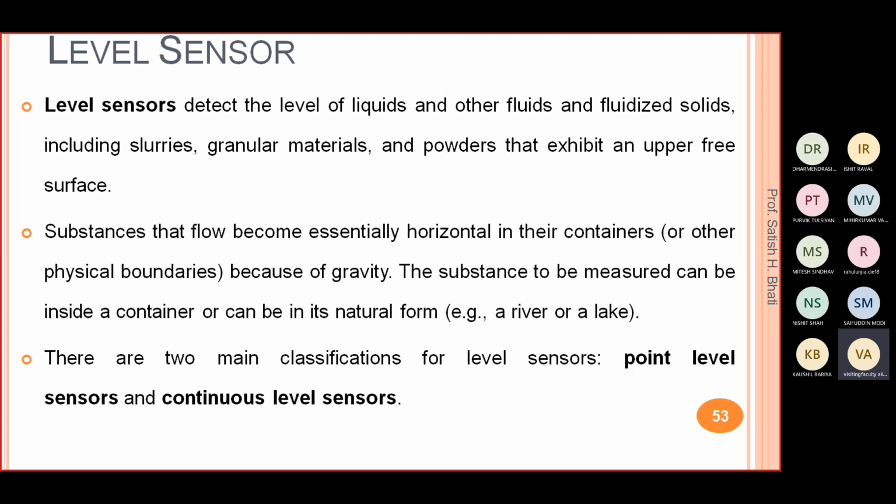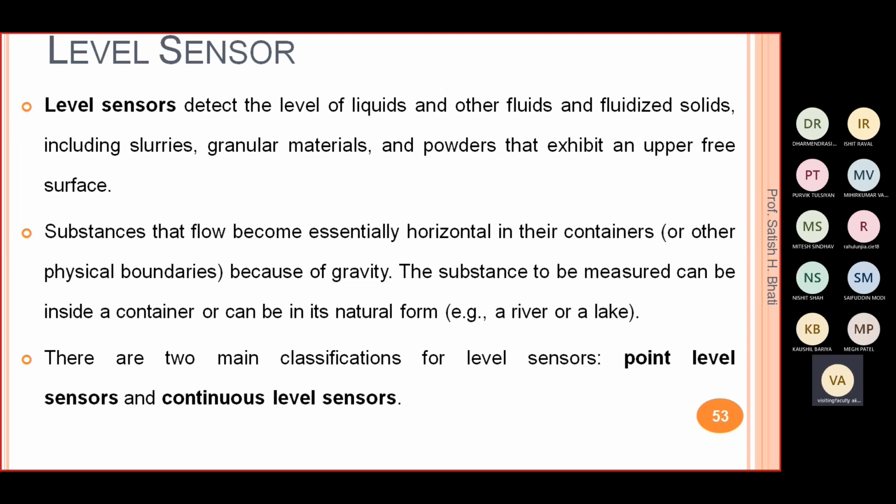This level sensor we generally use to find the level of a liquid, most of the time liquid or some fluid, but it can also be used to find the level of solid material, the upper limit of the solid material. Like if you have a container and you are filling some powder, then you will find what is the level of that powder filled. In that we are using a level sensor.